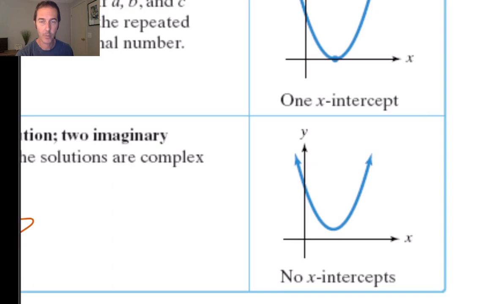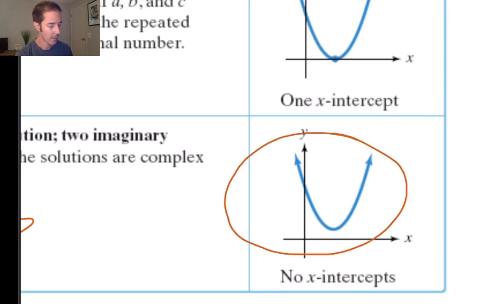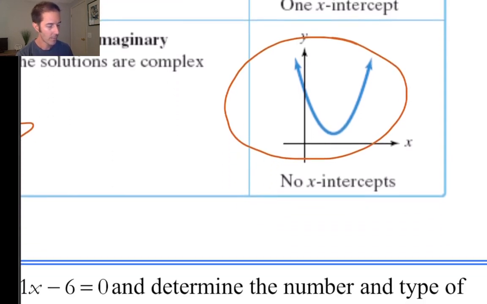No x value plugged into your equation will give you out a y value of 0. And graphically, this is what it looks like. It could be a parabola that is concave up, hovering above the x-axis. It could be a parabola that's concave down, where the entirety of it is below the x-axis.